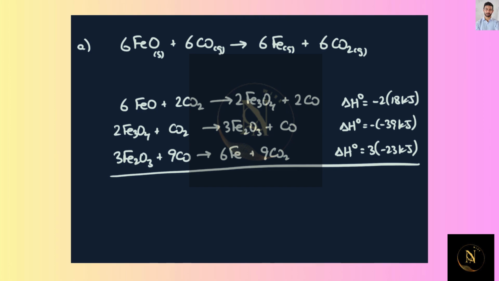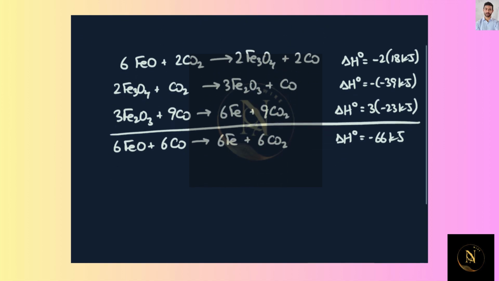Now, if we put this all together, we'd have 6FeO plus 6CO goes to 6Fe and 6CO2. Delta H naught here, adding all of this up together, I get minus 66 kilojoules.